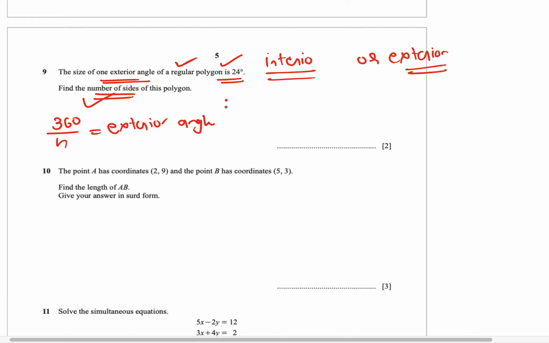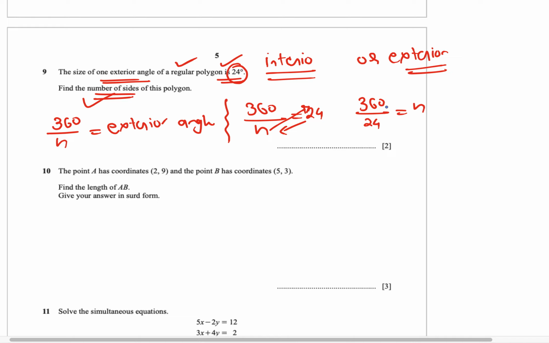Okay, so let us use this formula, 360 upon n. They have said that n is unknown and the exterior angle value is given, which is 24. So I will write 24 here. Again guys, there is no calculator, so let us just simplify. Let's take this 24 here and this n there. So it will become 360 upon 24 equals n.